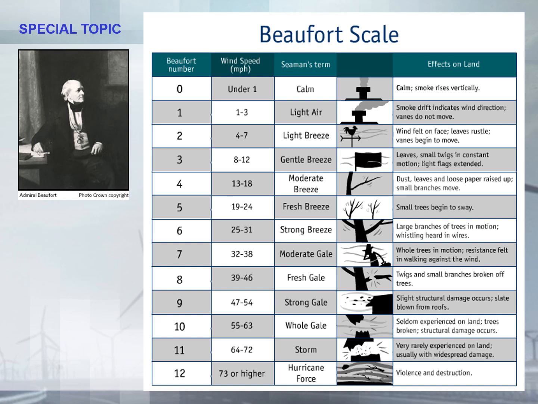Look down there at strong gale, that I think is representing ripping shingles off a roof. Fresh gale is showing that yes, branches can break off. Whole gale is showing trees just snapping. Storm is showing, I don't know what that is. Maybe that's a roof coming off a house. Could be.